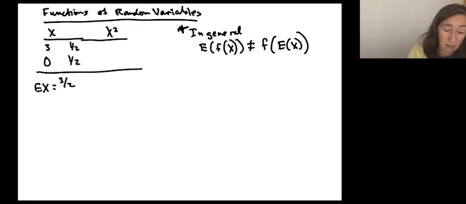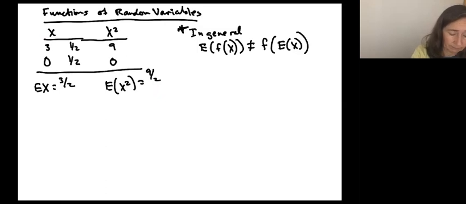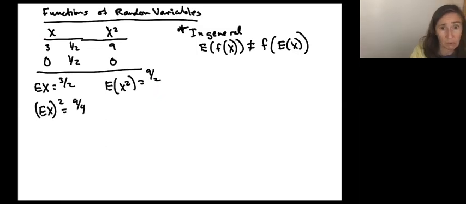X squared, then, if x is 3, then x squared is 9. And if x comes up 0, x squared comes up 0. So the expected value of the new random variable x squared is 9/2. That is a different number than if I just took the expected value of x and squared it. That would be 9/4.